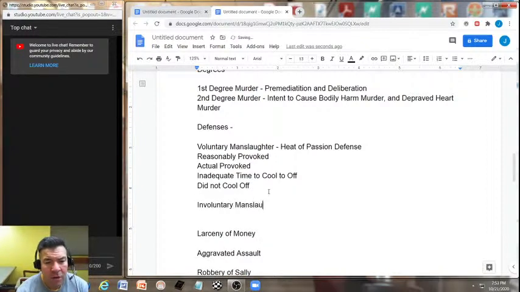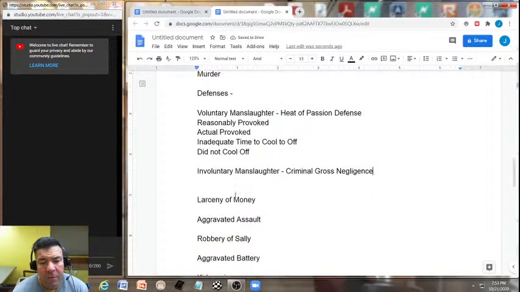We want to make sure, though, to throw in involuntary manslaughter, criminal gross negligence. And this would be a substantial risk of life to the victim and those that are around the victim by the criminal activity of the defendant.